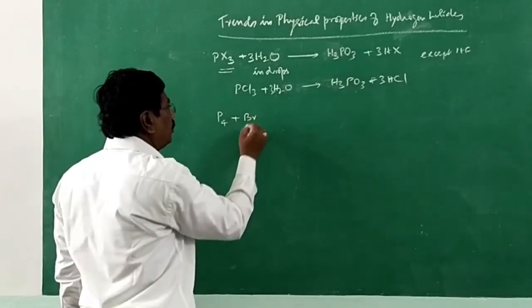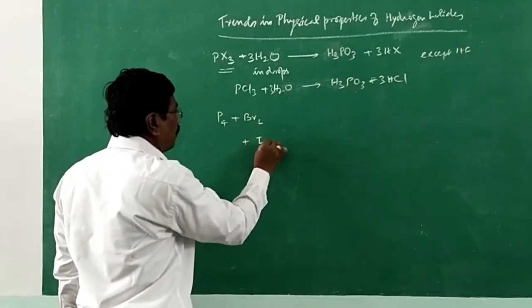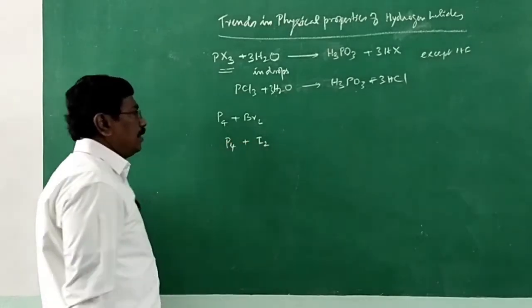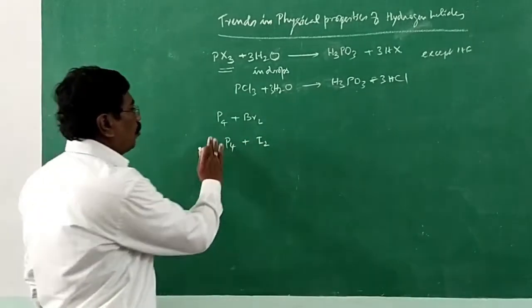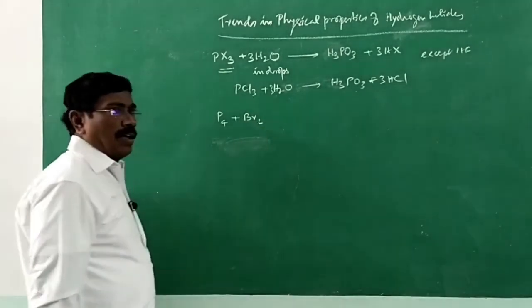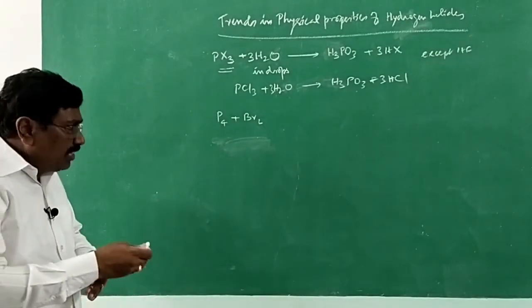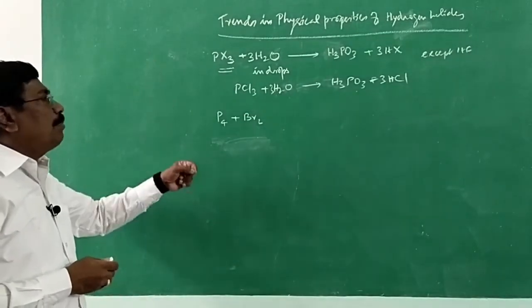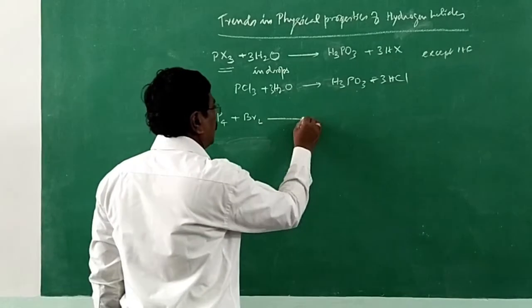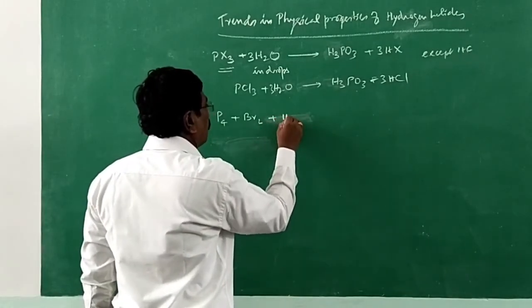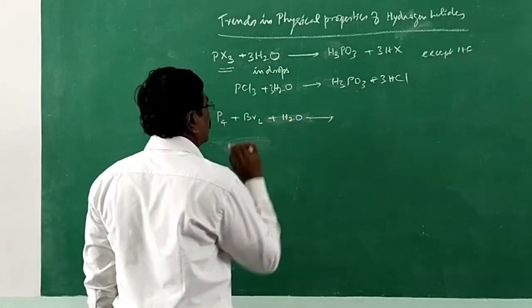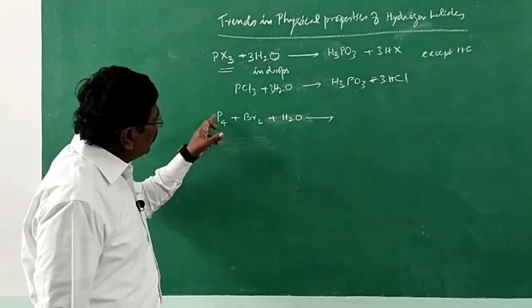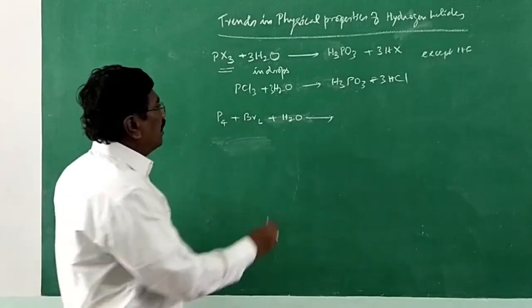Usually, HBr and HI are prepared by this method. Phosphorus can be made to react with bromine, and during that course, drop by drop we are adding water. What is happening? Phosphorus reacts with bromine to give PBr3.